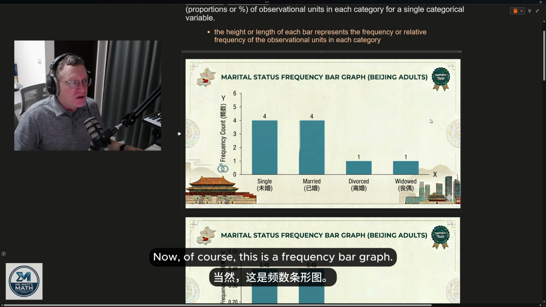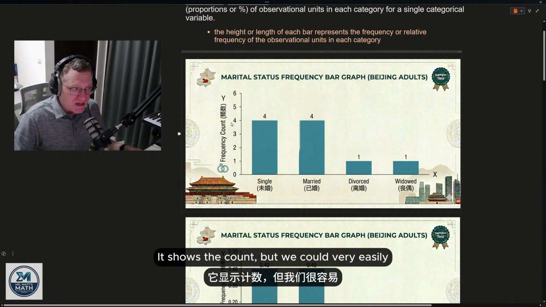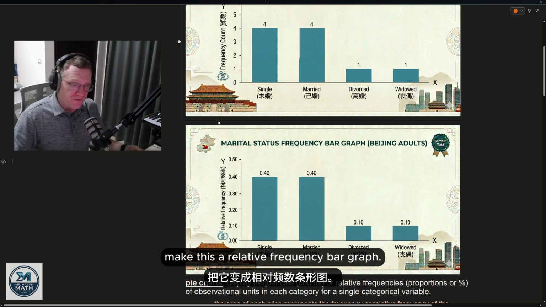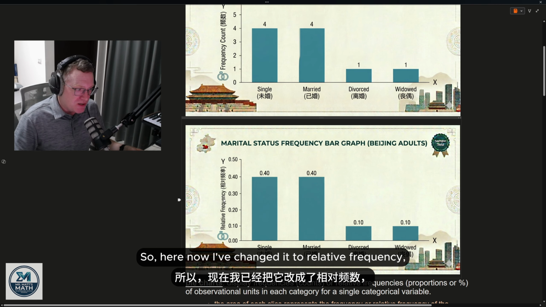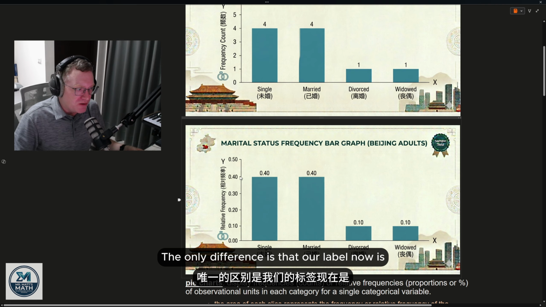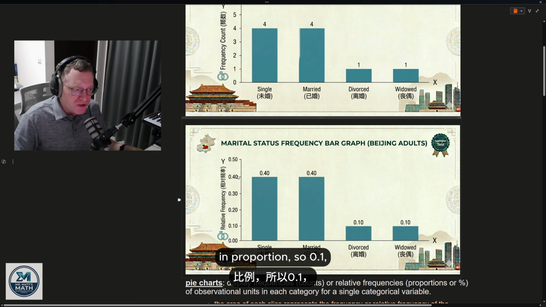Now, of course, this is a frequency bar graph. It shows the count, but we could very easily make this a relative frequency bar graph. So here, now I've changed it to relative frequency, and it looks pretty much identical to the one up here. The only difference is that our label now is in proportion. So 0.1, 0.2, 0.3, 0.4.